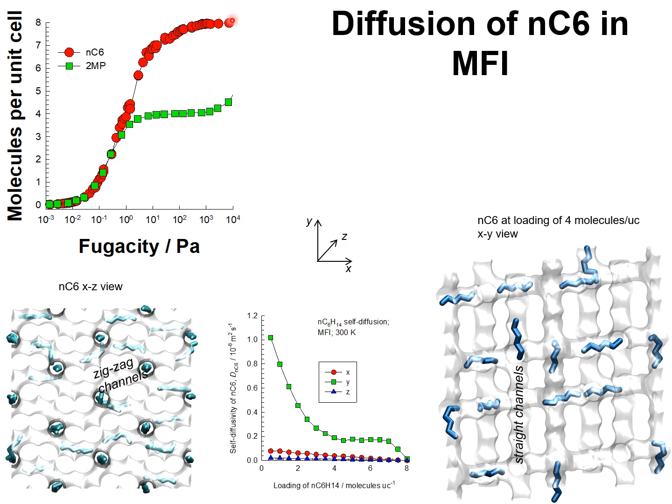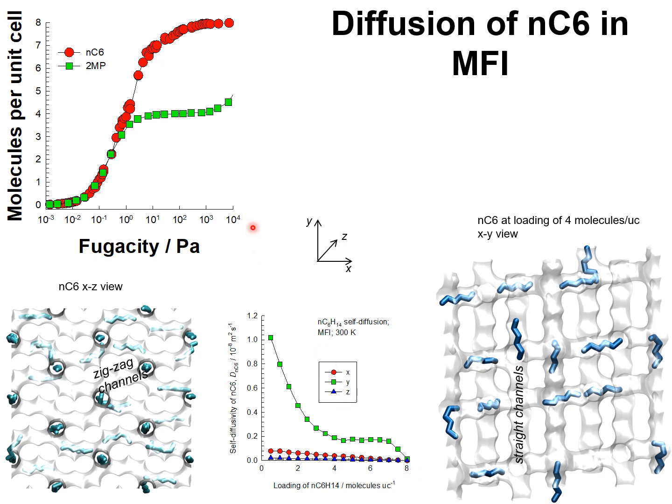The saturation loading for normal hexane is 8 molecules per unit cell, and that explains why the diffusivity reaches a near 0 value at a loading of 8 molecules per unit cell, because the channels are fully occupied and the mobility of the NC6 molecules is reduced to practically 0.